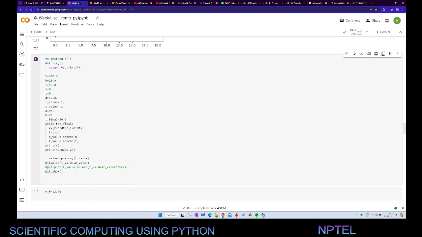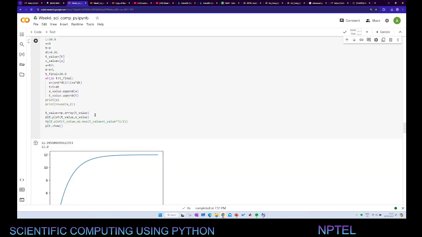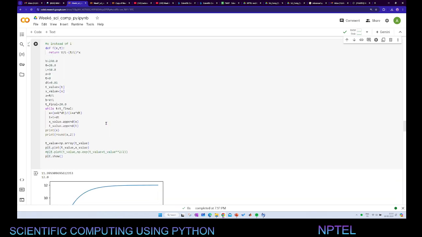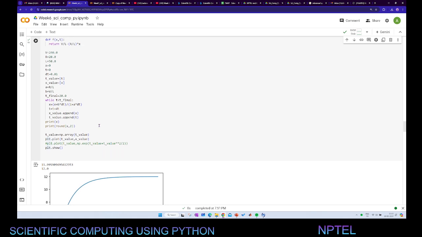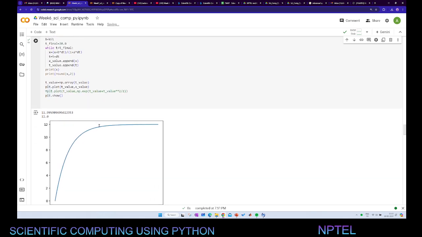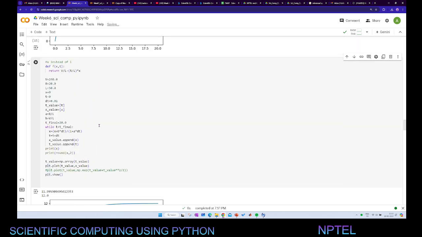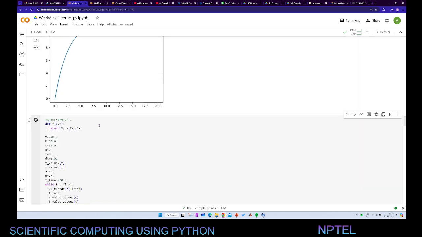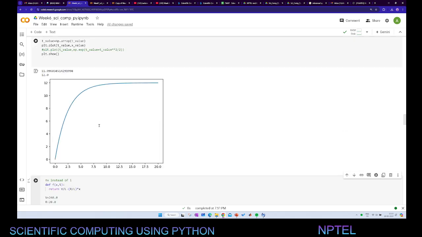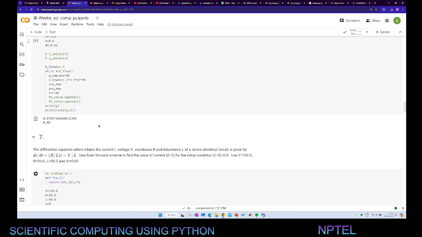Let's plot it. Okay, surprising. A should contain the minus sign. Minus R by L should be there, right? Really, because it is dx/dt plus ax is equal to b.